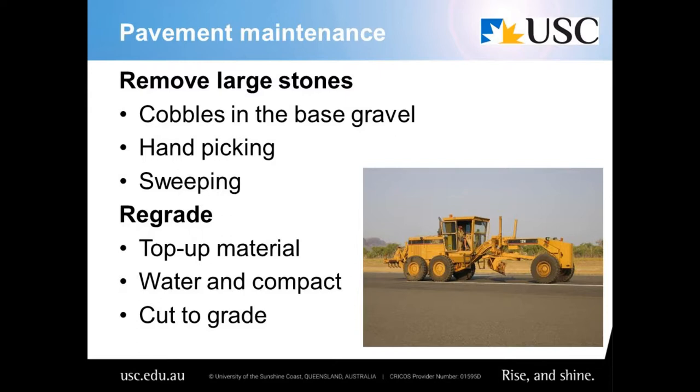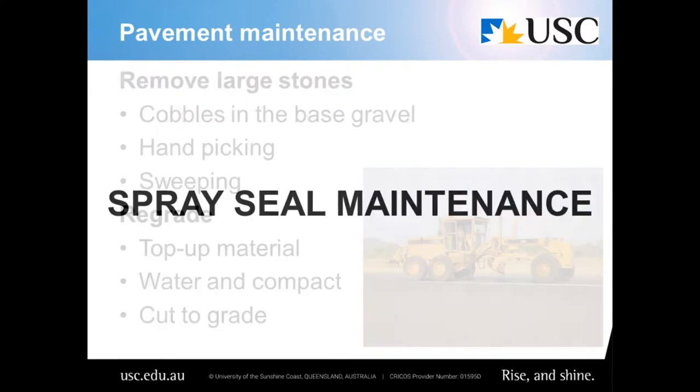Every now and then we might put a bit of top-up material down, so just a bit of extra base course, water, compact it, and then cut it back to grade to keep a nice shape in the surface, and to prevent those big cobbles in that underlying gravel from being exposed. And that's it as far as I'm aware in terms of unsealed pavements.